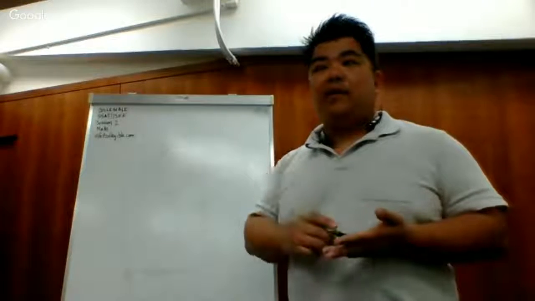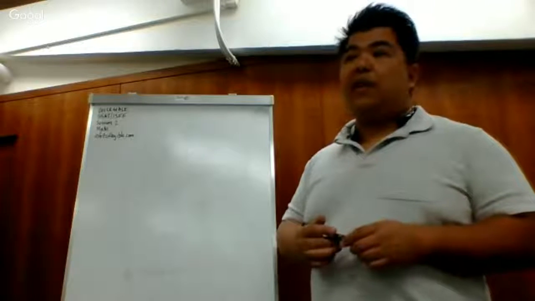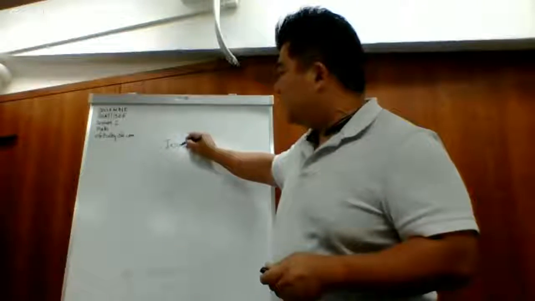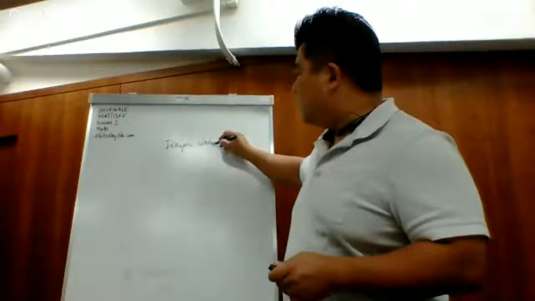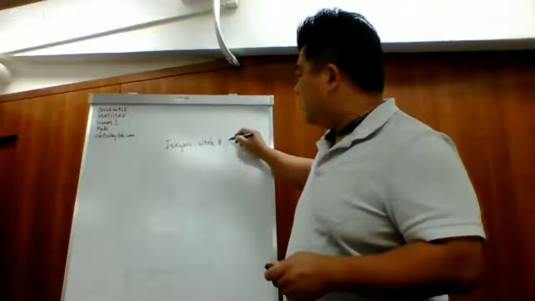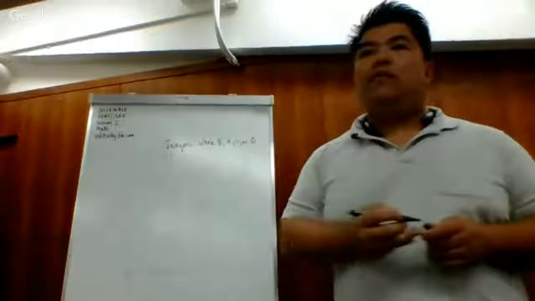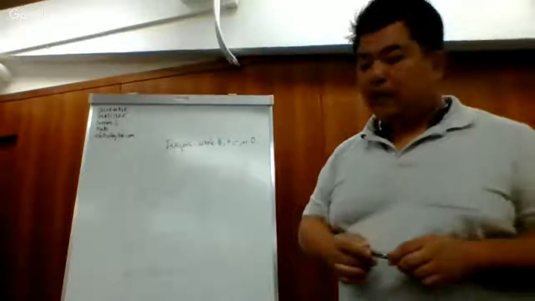Positive, negative, or 0. 0 is neither positive nor negative. So whole numbers, so integers. Okay, whole numbers, positive, negative, or 0. Okay, that's what that is.